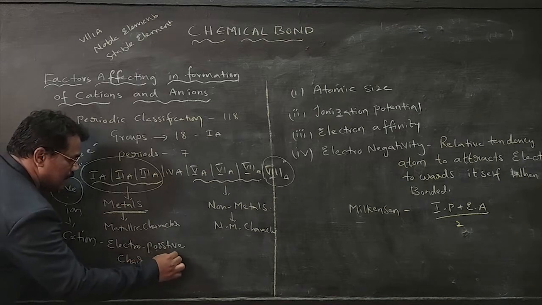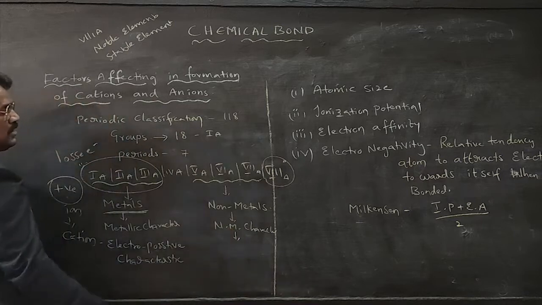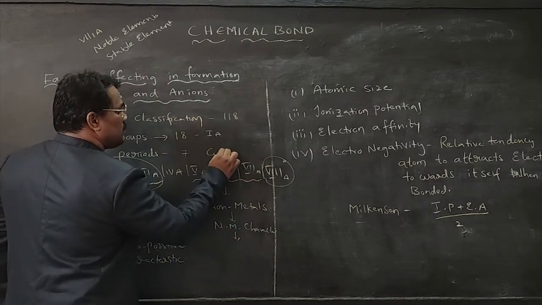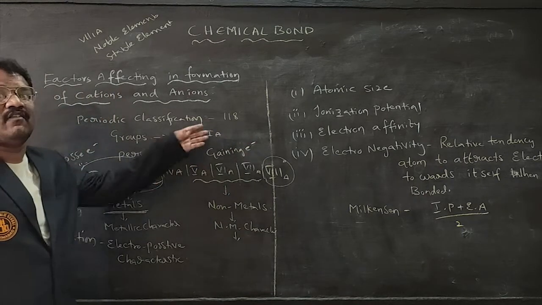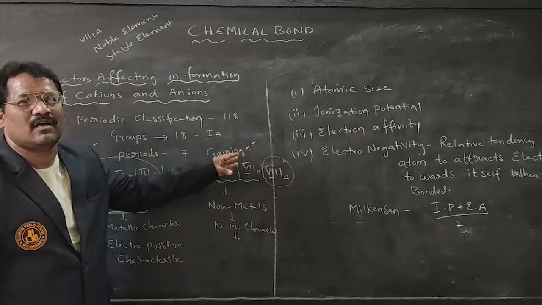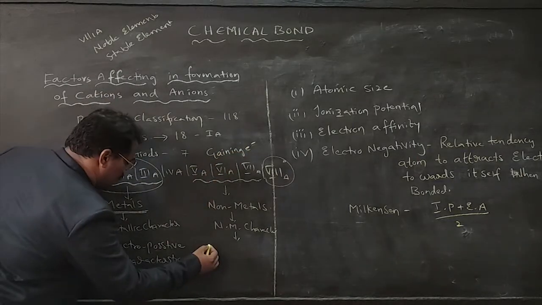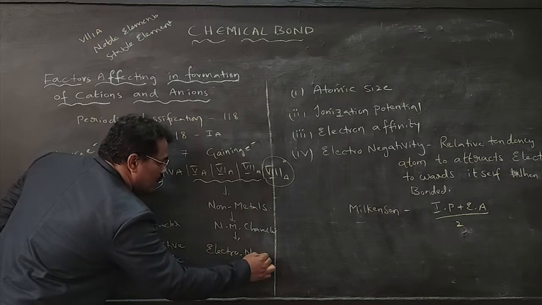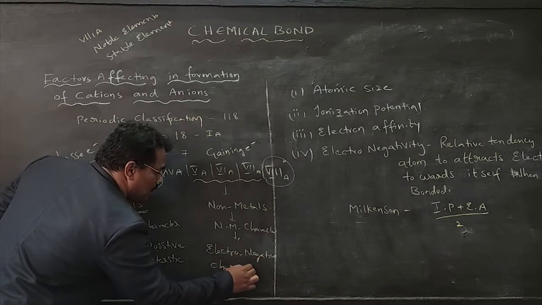Similarly, fifth, sixth and seventh A group elements gain electrons, meaning they require more electrons, therefore they are called electronegative elements.